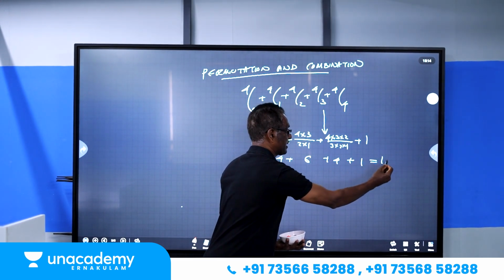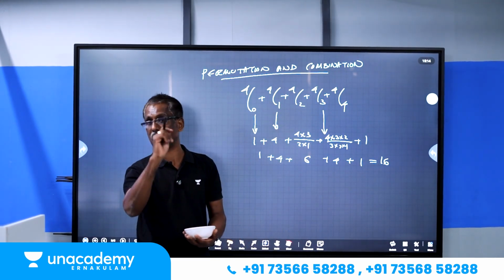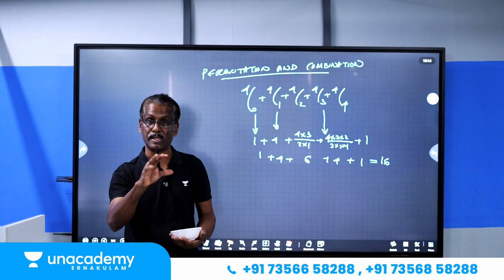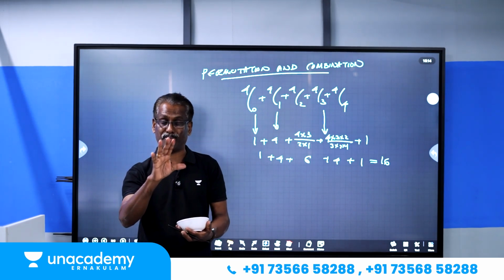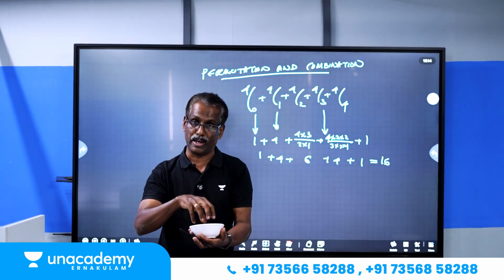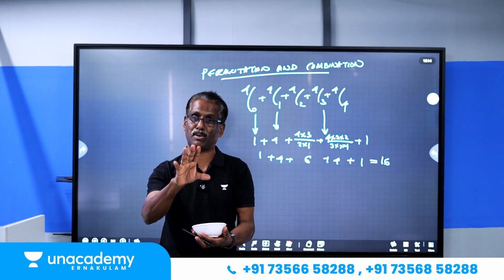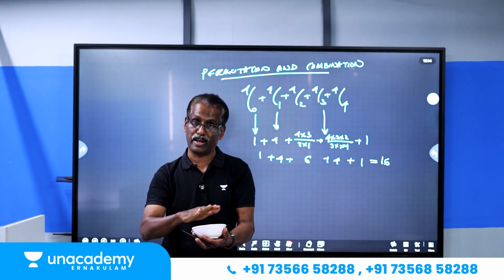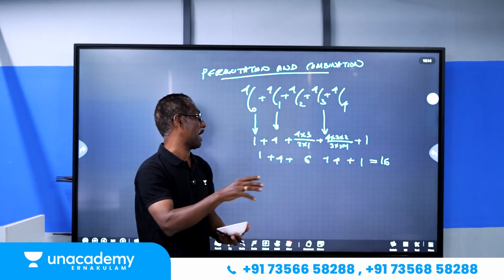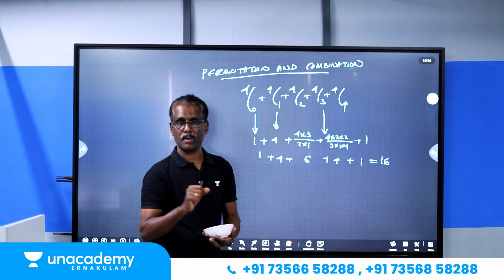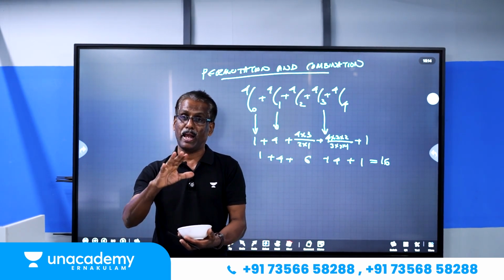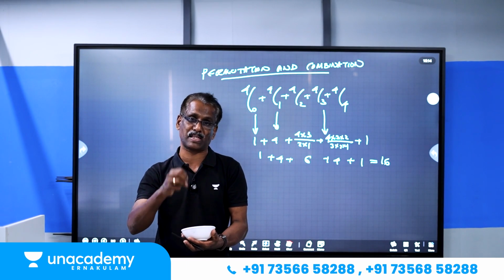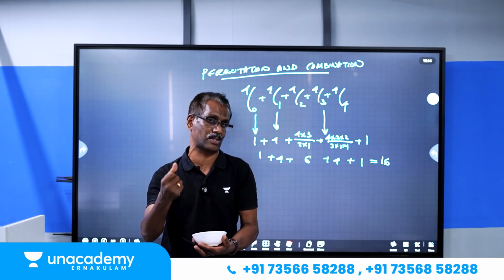That is 16. So that is the case of distinct ladus. In the first case, I put 4 identical ladus, total possibility equal to 4 plus 1. Here 4 ladus are distinct, so the answer is 2 raised to 4. So that is the difference between identical objects and distinct objects.